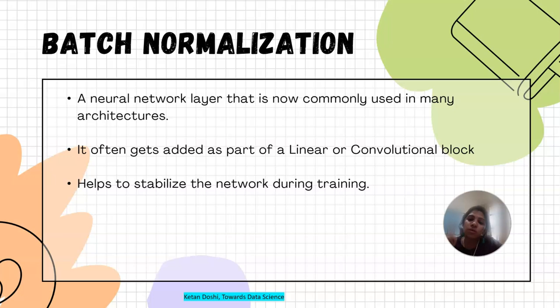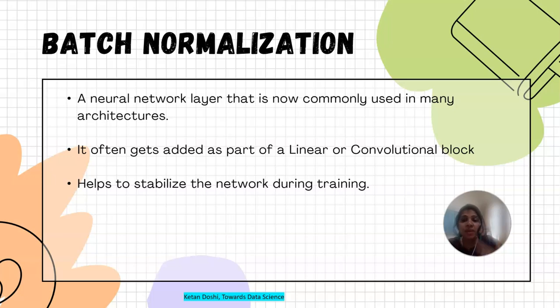In that, if you remember, there are many convolutional layers, followed by a max pooling layer, then again another set of convolutional layers, and all these contain strides, filters, etc. So this batch normalization layer will be a part of your convolutional block.